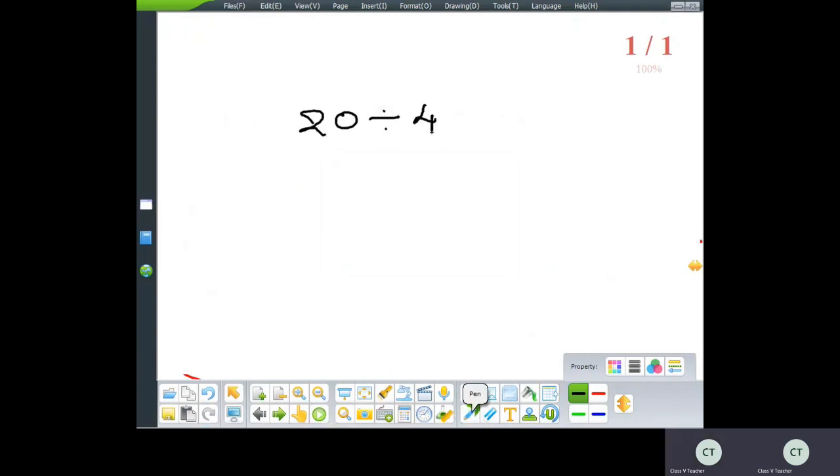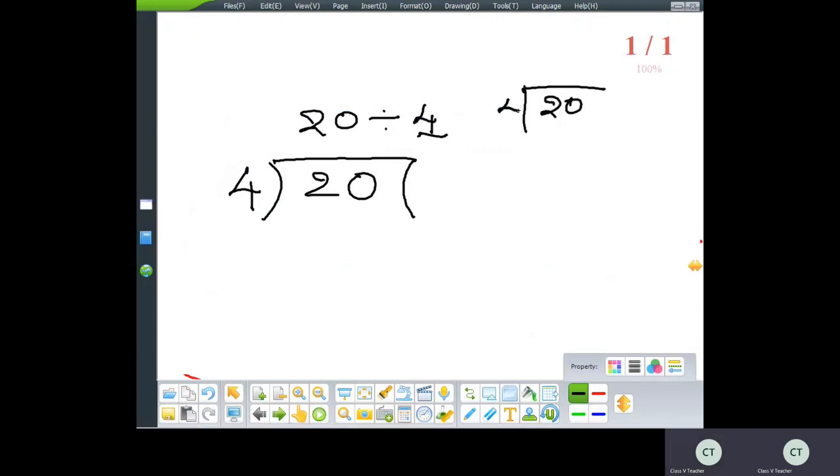Division uses these brackets. 20 should be written in the center, and this 4 should be written at the left side of the brackets. Any method you can write it, so it can be written like this also. Here you will write the answer.